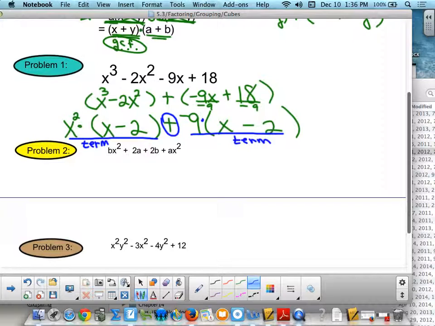There's an x minus 2 in this term, and there's an x minus 2 in this term. So x minus 2 becomes the new GCF. You take it and put it out in front: x minus 2 times, what would be left if you factored out an x minus 2? X squared minus 9.